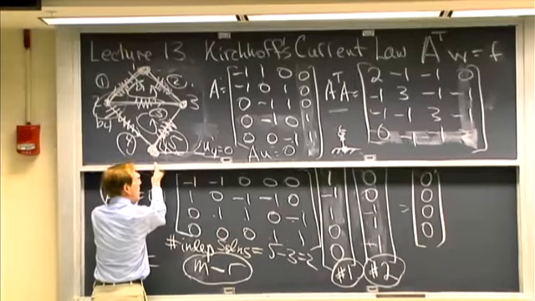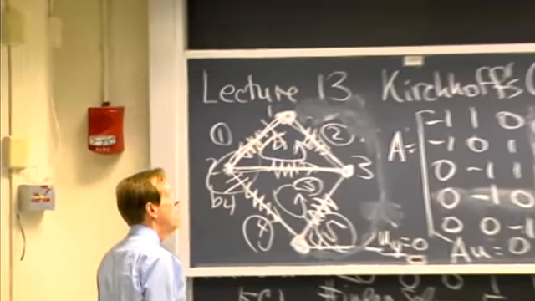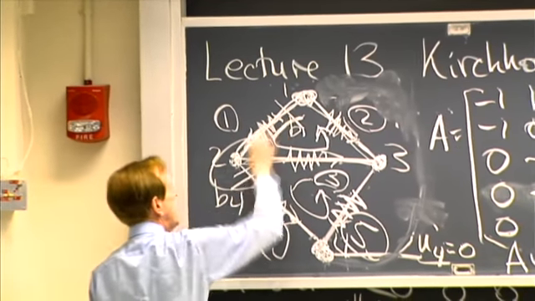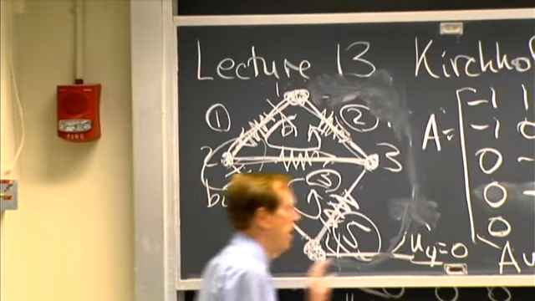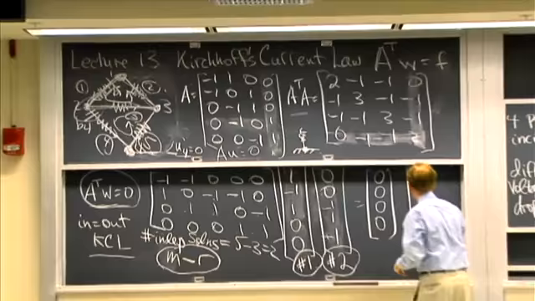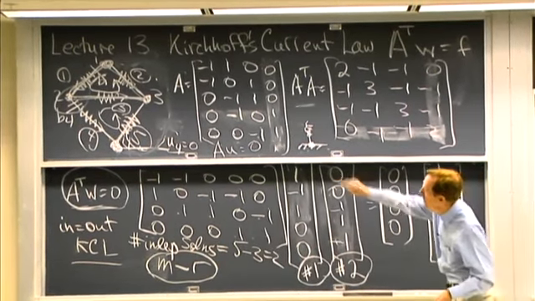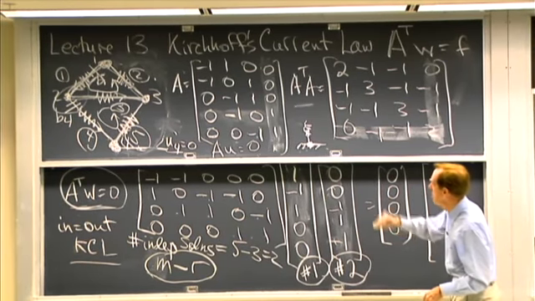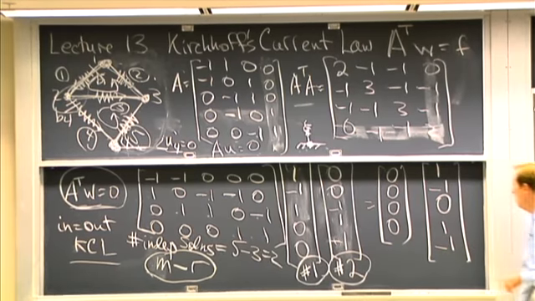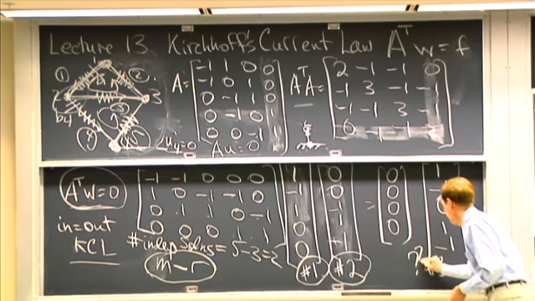I should have thought, what about current around the big loop? That would certainly satisfy Kirchhoff, right? Plus 1, 1. So why is this not number 3? Around the big loop, I have a 1, and then a 1 on the 4th position, backwards on 5, backwards on 2, and so I'll put number 3 with a question mark.